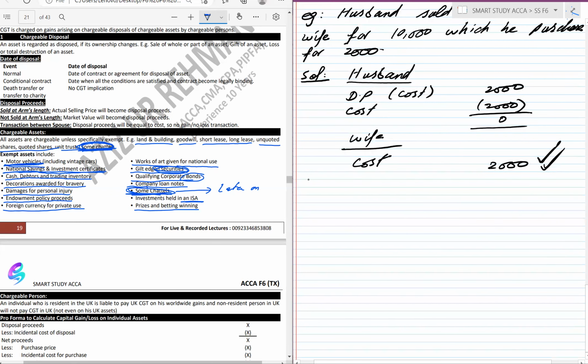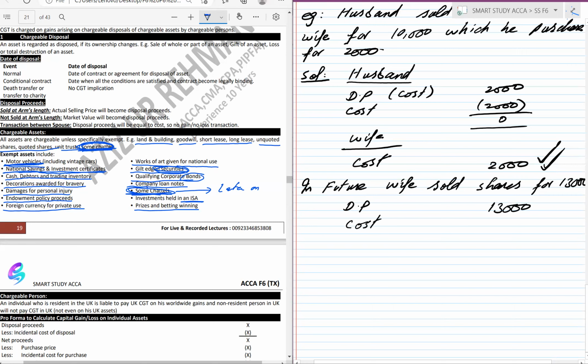So suppose in the future, the wife sold these shares for £13,000. So disposal proceeds will be 13,000. Cost of the wife is 2,000.